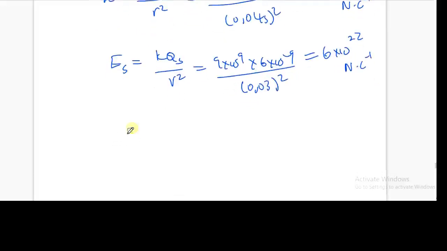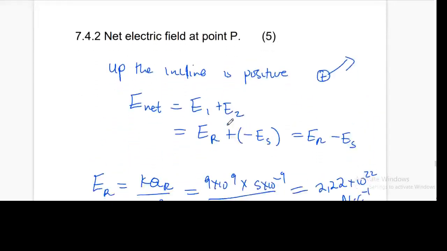Then E net is equal to ER minus ES, which is what we deduced there.